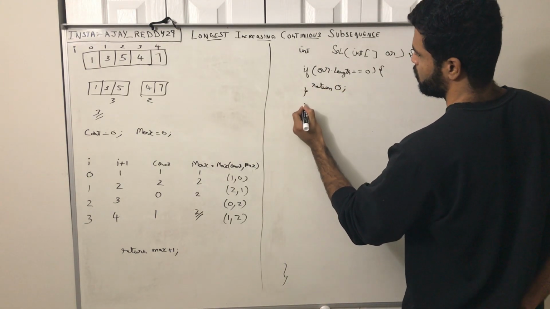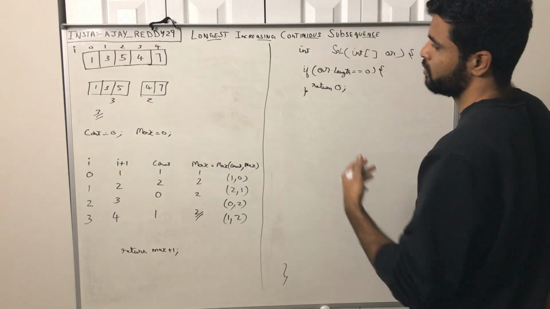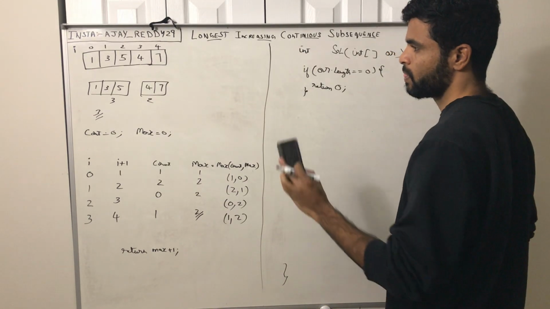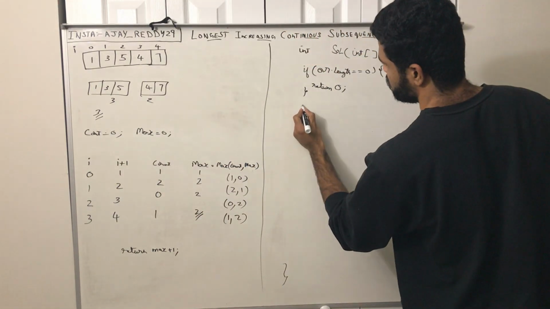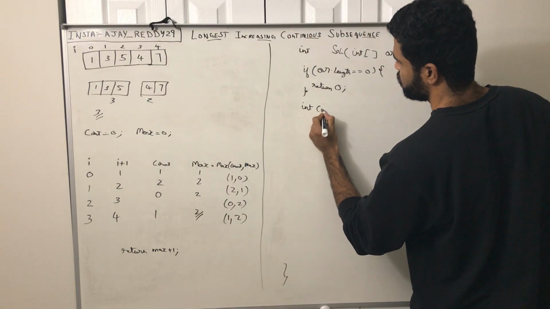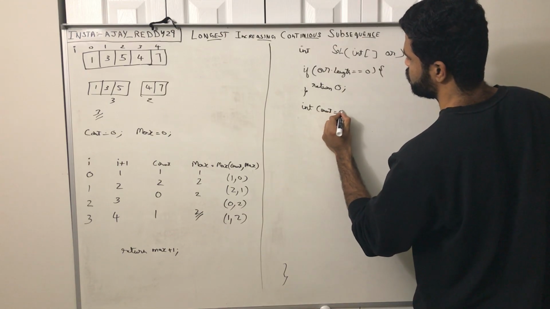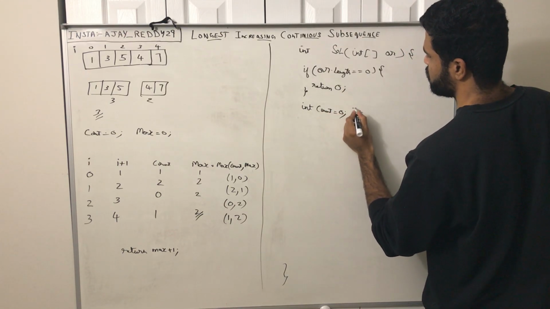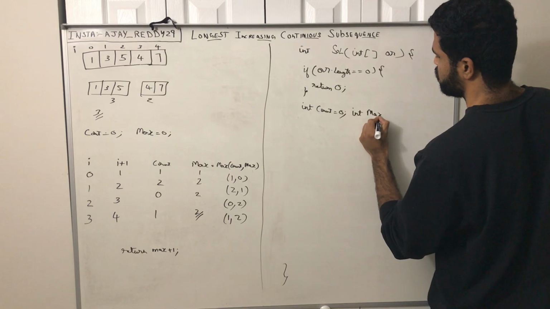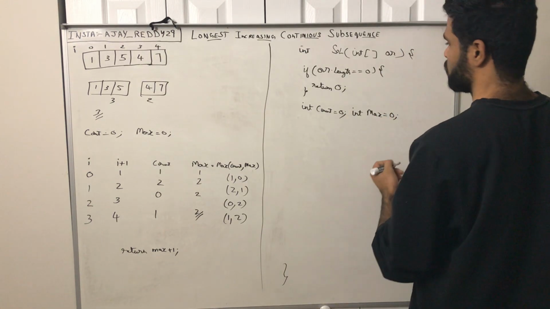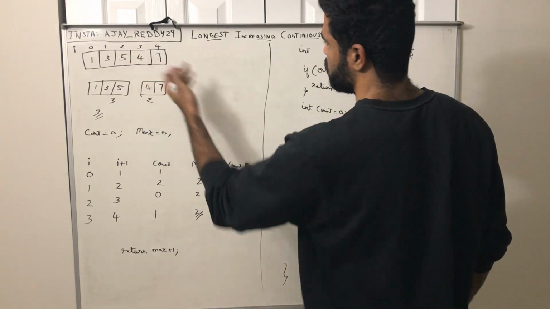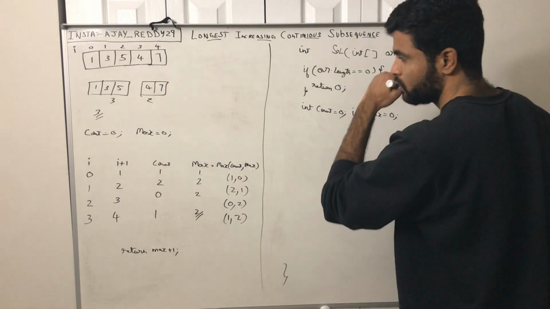Okay, and else I want to declare these variables, which is int count equal to 0 and int max equal to 0.